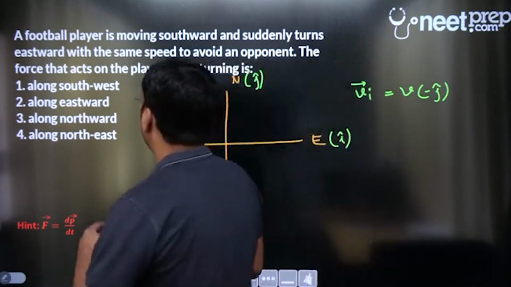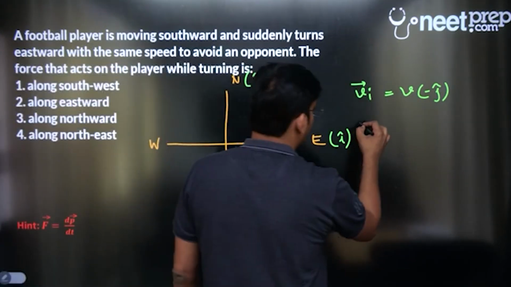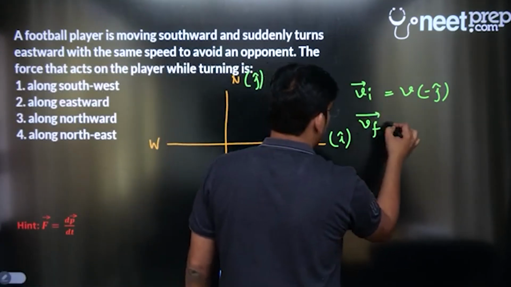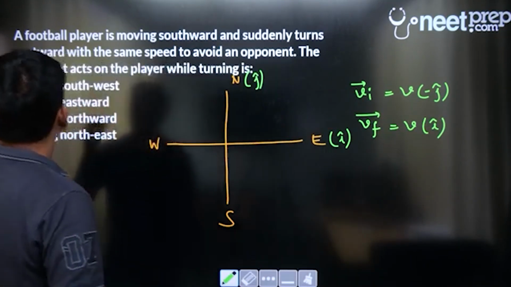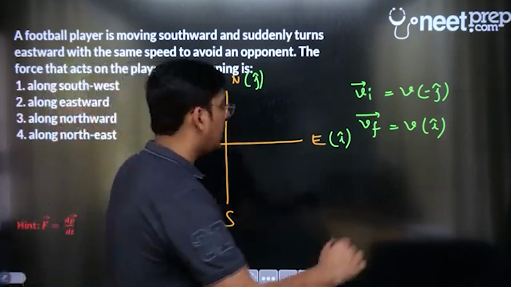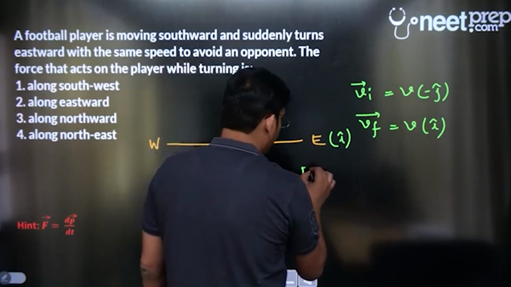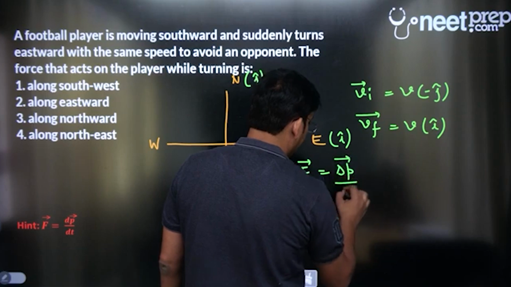Now he instantly changes his direction to eastward. So his final velocity would be along east, that means v times i cap. The force that acts on the player while turning is, you know, force is actually change in momentum divided by time taken.